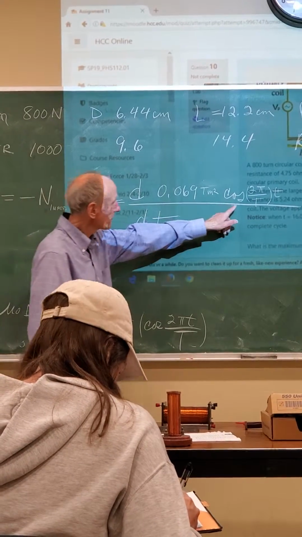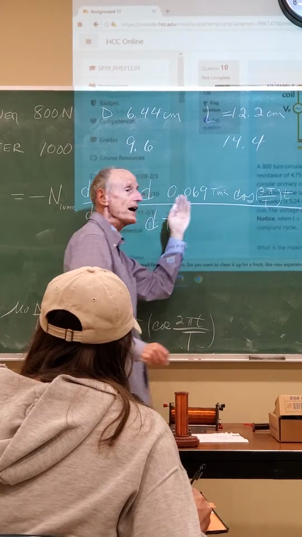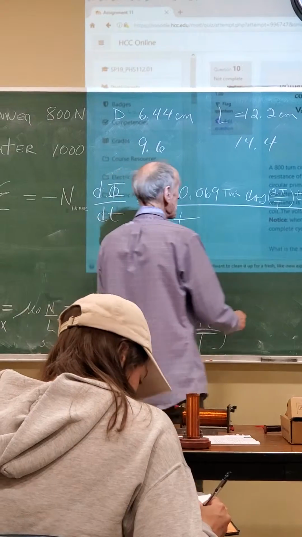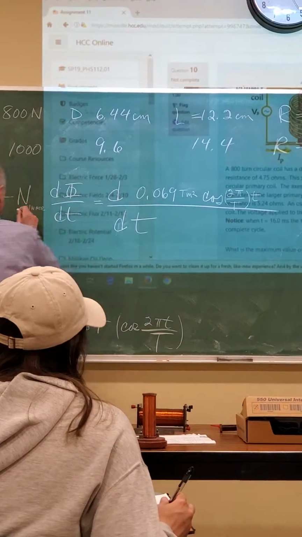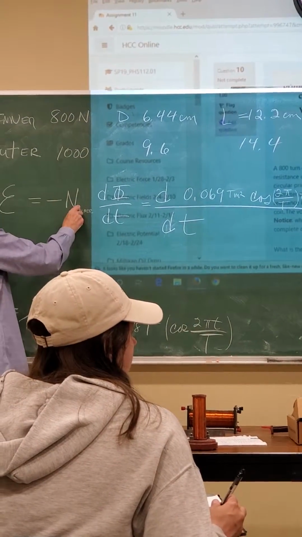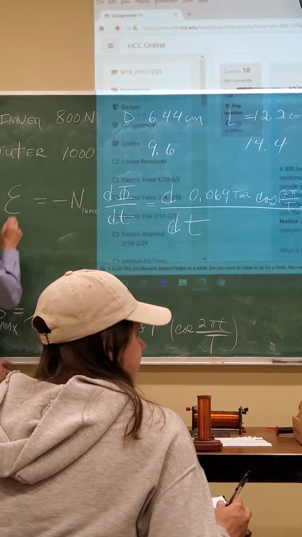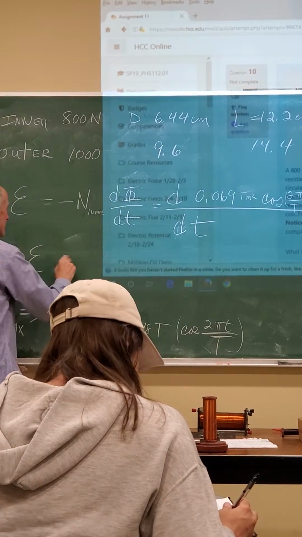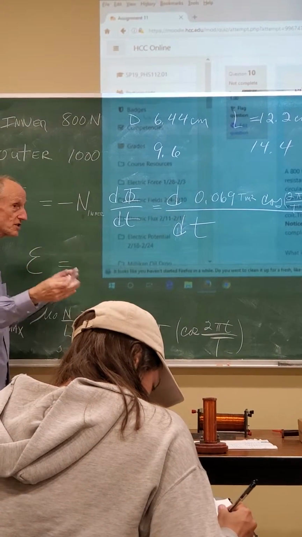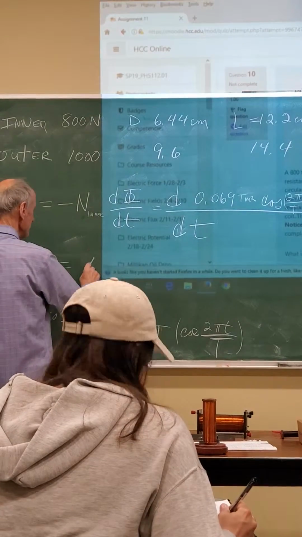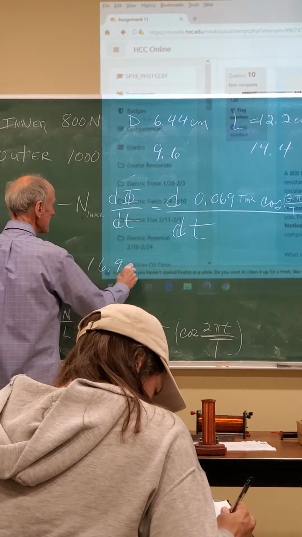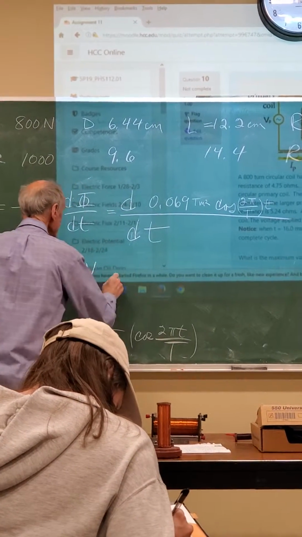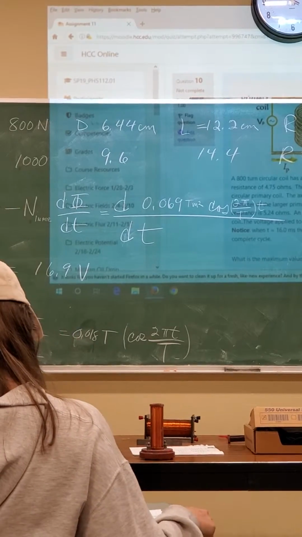The derivative of the cosine is a negative sine, but a 2 pi over T has to come out. You can remember how to do that. Multiplied by N, that will give you the EMF output. No surprise, the output is going to be something in volts. Let's say it's 16.9 volts, but you're going to have a sine function because the cosine differentiates to the sine.